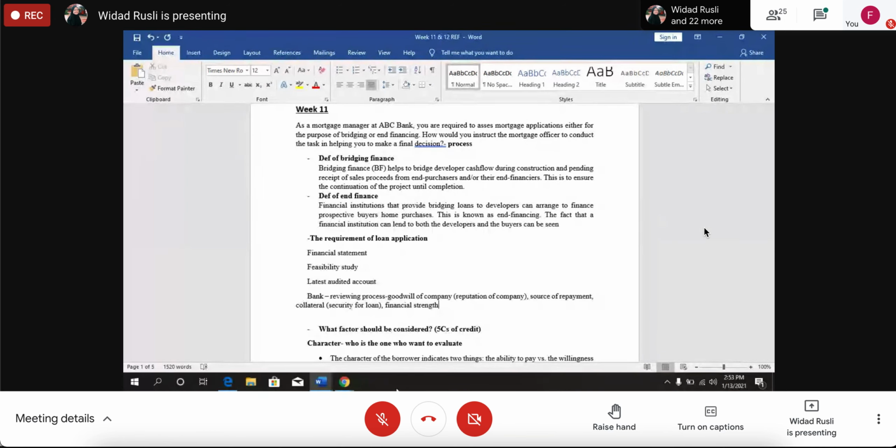In this case, the bank needs to take into consideration the potential value of the site, and if they are happy with that, they can approve the loan with the condition that the site will act as a collateral for the bridging finance. Any argument? No.